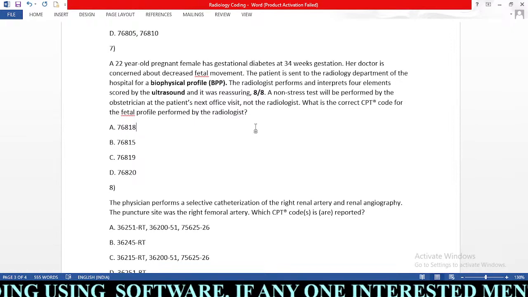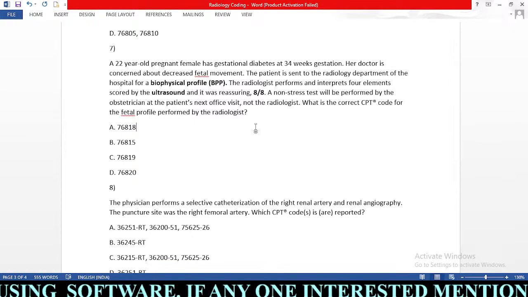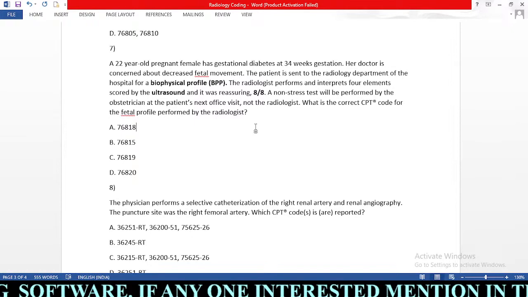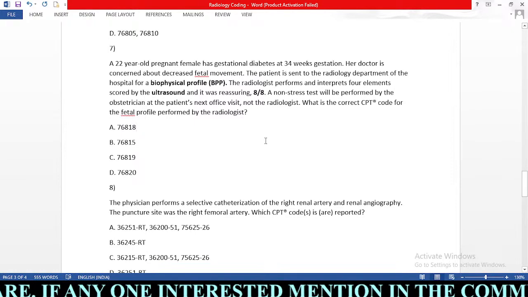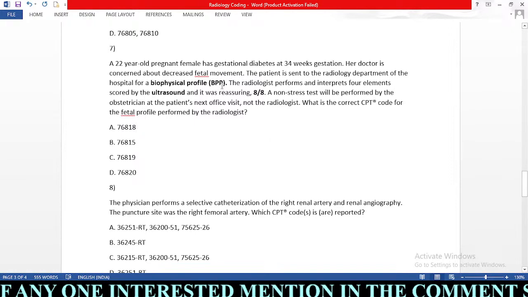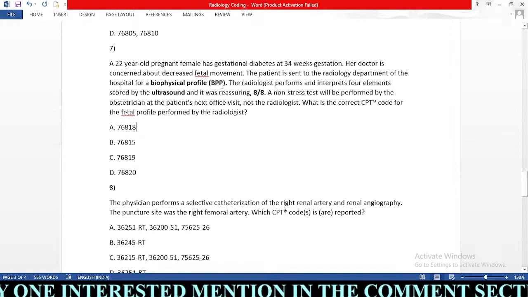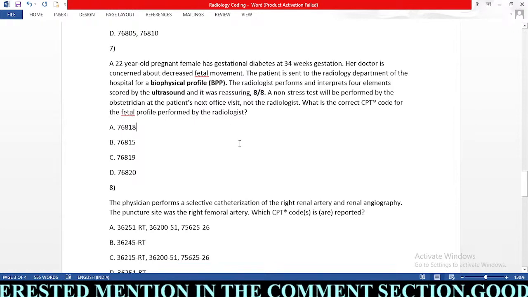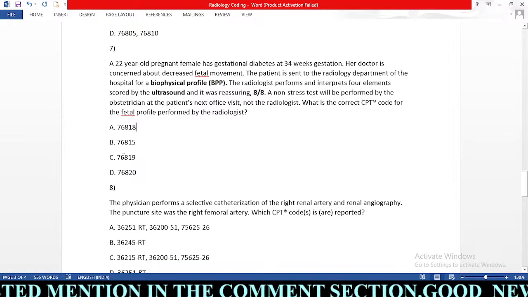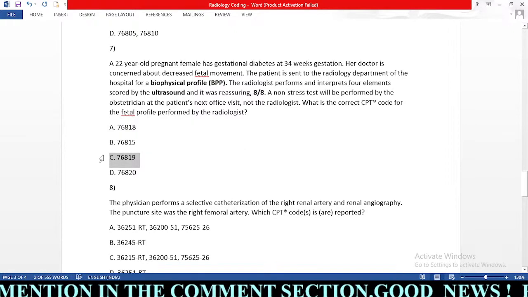Fetal biophysical profile with non-stress testing, but based on our scenario, the physician did not mention any stress testing, so we need to consider it as without non-stress testing. So here our answer is 76819.